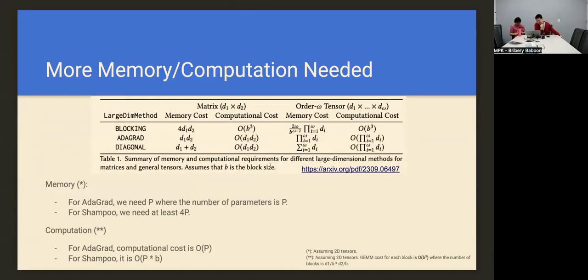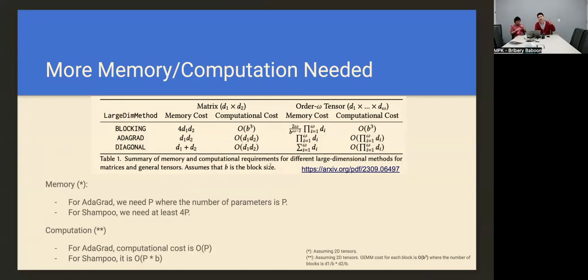For computation, for Adam the computational cost is around P, but for Shampoo, because we need matrix multiplication over this block size of matrix rather than element-wise operation, which is totally proportional to P, it is P multiplied by B, where B is the block size constant. So, fundamentally, Shampoo is much more expensive in terms of memory and computation during training.